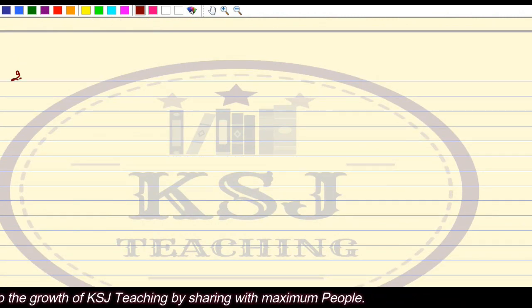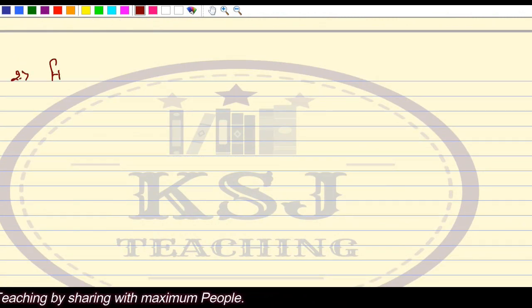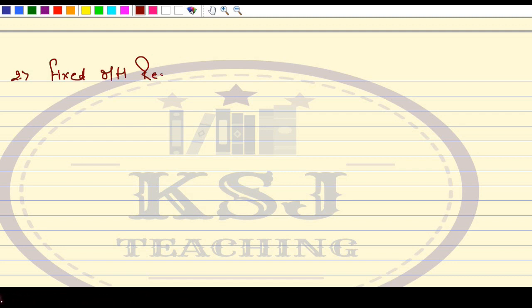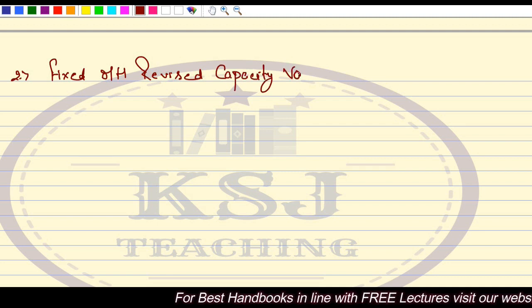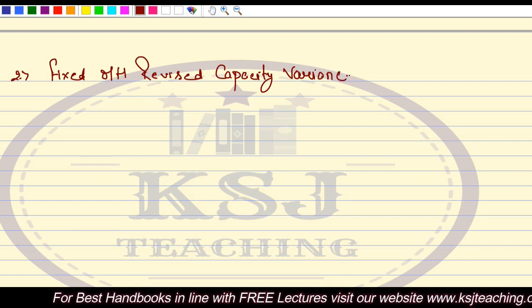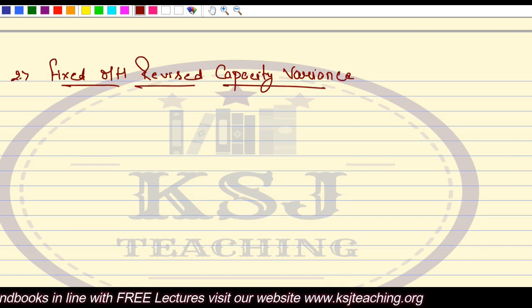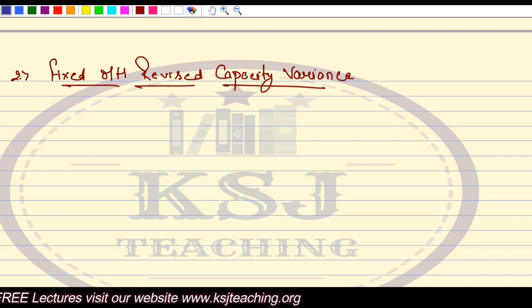The last one is fixed overhead revised capacity variance. That means we are going to revise our capacity. How are we going to revise?